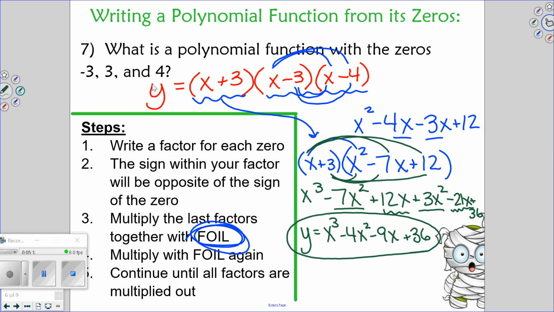When you're done, if you're like, I don't know if I missed a sign somewhere, I'm not sure what happened, take your answer, put it in the y equals in your calculator, and graph it. If you look at the graph, it should cross at negative 3, 3, and 4. If it doesn't, that means your answer is wrong. Okay, so should you ever miss these? No, because you can check them and make sure that they're right.